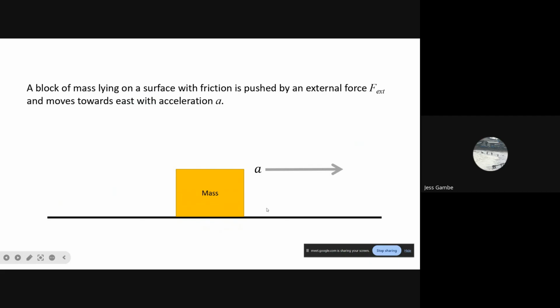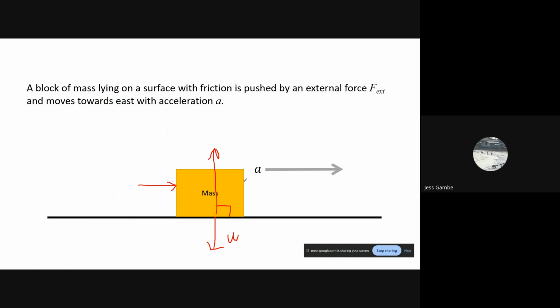So of course, you have the external force F, then you have the weight, then perpendicular to the surface would be the normal force.